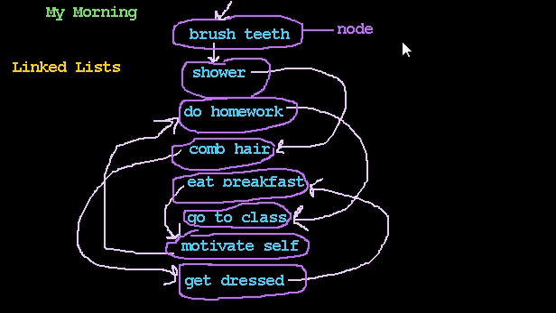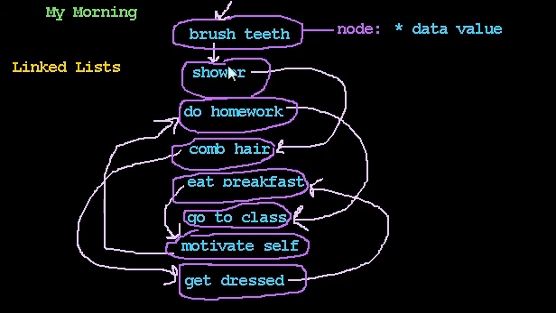There's the obvious part that a node seems to have some sort of data value. In fact, I'll write that in the same color. So a node consists of a data value, and it also consists of, what else is in a node?